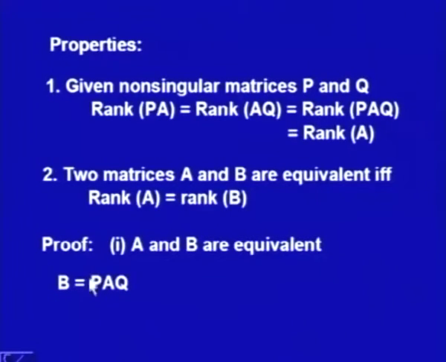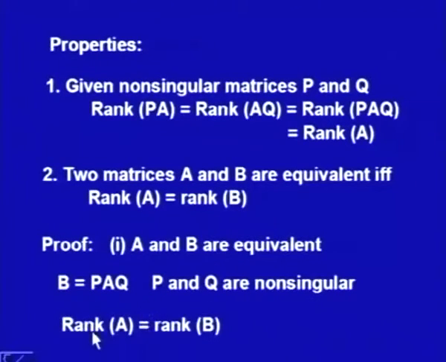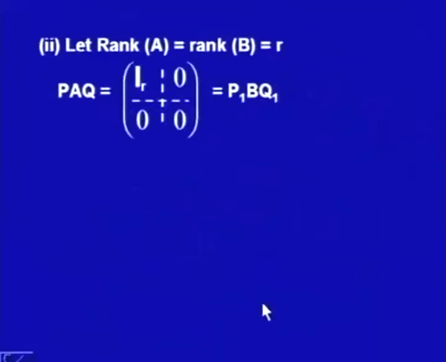That means there are some elementary transformations which can be applied to A that will give me B, so that B is equal to PAQ. So, the two matrices are equivalent if B is equal to PAQ, where P and Q are non-singular, then rank of A is equal to rank of B, because P and Q are non-singular.